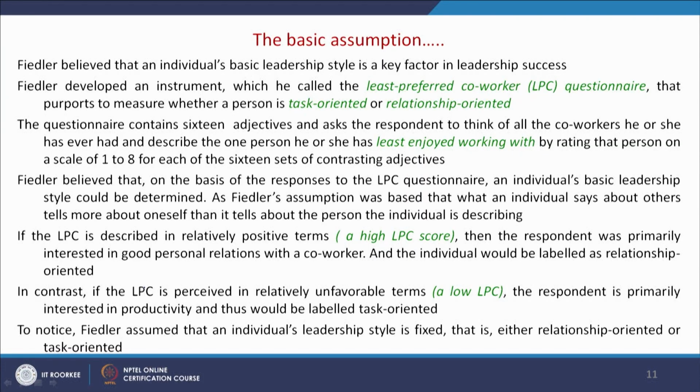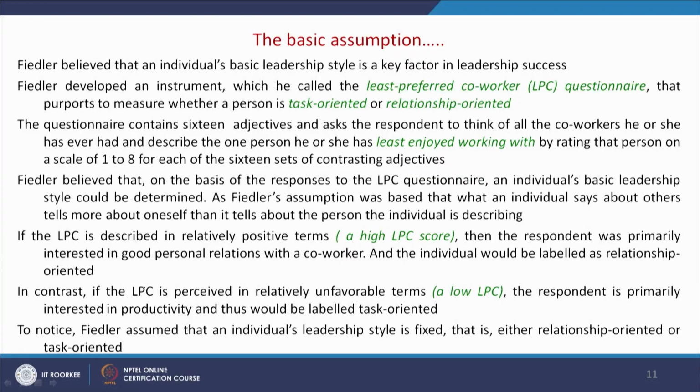Fiedler believed that an individual's basic leadership style is a key factor in leadership success. It is obvious that if there is no match between a leadership style and the situation, then the leader or any leadership style can be a failure.